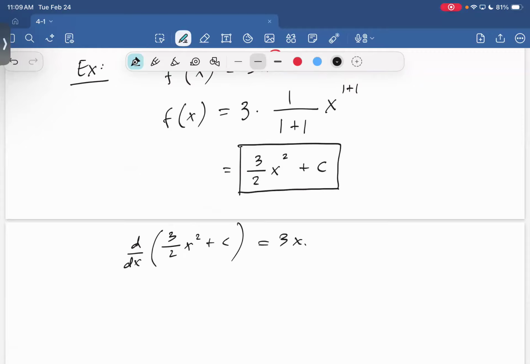You have to have the plus c. It means that f of x could be any possible value of c. It would still give you the same derivative. For example, f of x could be 3/2 x squared plus 1, plus 2, plus 3, and the derivative would still be 3x, right?